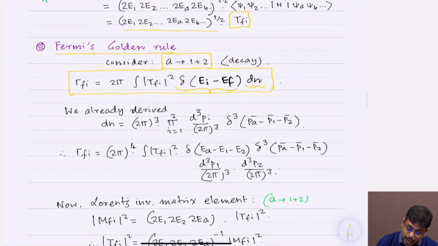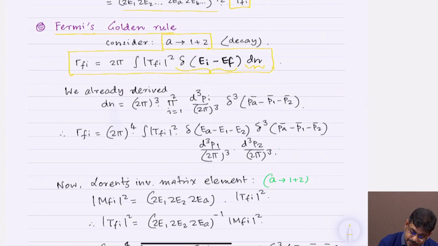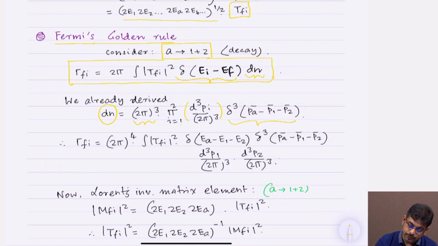And we already derived that this dn, for this two body decay in particular, will be simply (2 pi)^3 into product over i from 1 to 2 of d^3p_i by (2 pi)^3 into delta cube of (p_a minus p_1 minus p_2). So, this ensures the momentum conservation between the initial and final states.